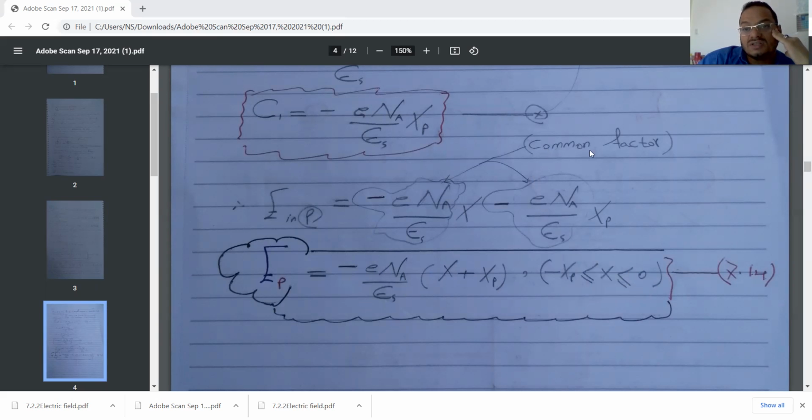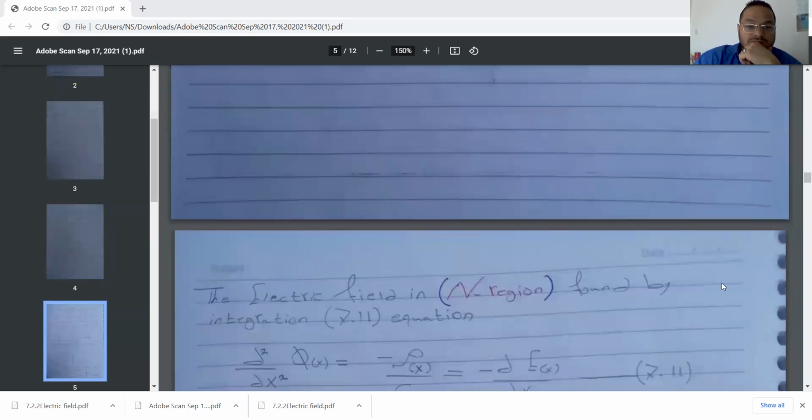Like I wrote here, we have similar common factors, so I put them outside the bracket and leave just x plus xp inside. And the minus I put outside. This equation is 7.14.